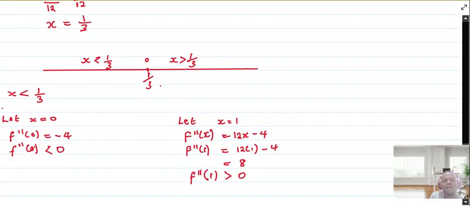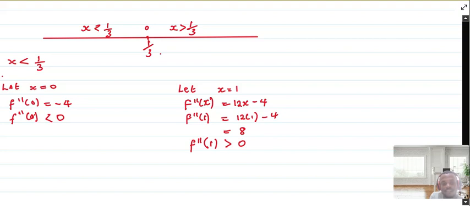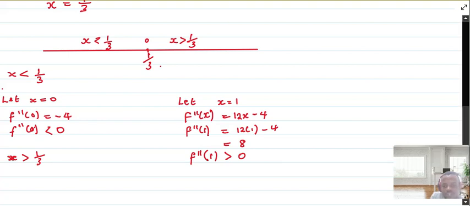So now I know the values of x that will give me a positive second derivative. That means where x is greater than 1 over 3, that's where my graph is concave up.